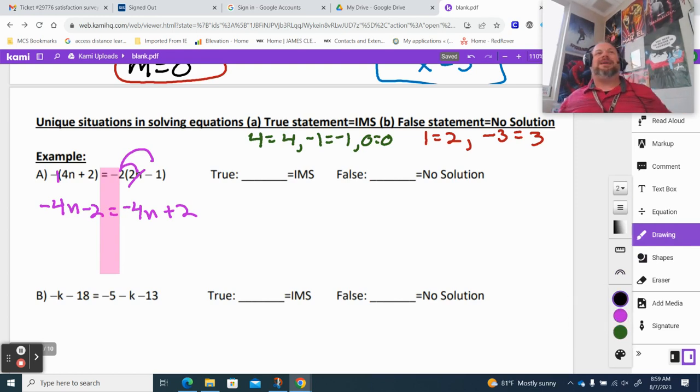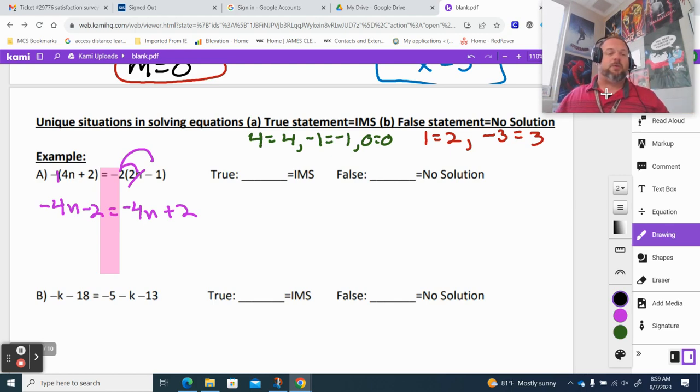All right. So we've got this done. We've done this magical mathematic distributing. So we don't have to combine like terms. Let's move our variables to the left side.